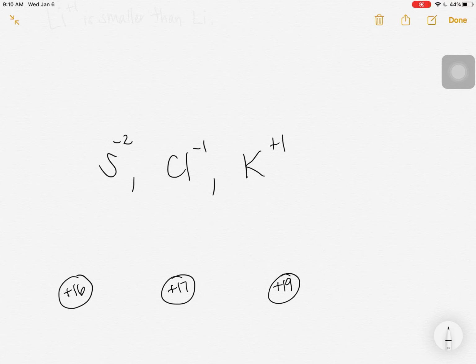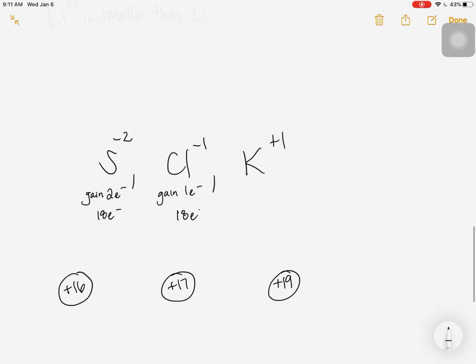Now, all of these things are ions, so that means their number of electrons has changed from their number of protons. So S -2 has gained 2 electrons, so instead of having 16, it has 18 electrons. Chlorine -1 has gained 1 electron, so instead of having 17, it has 18. And potassium +1 has lost 1 electron, so instead of having 19, it has 18.